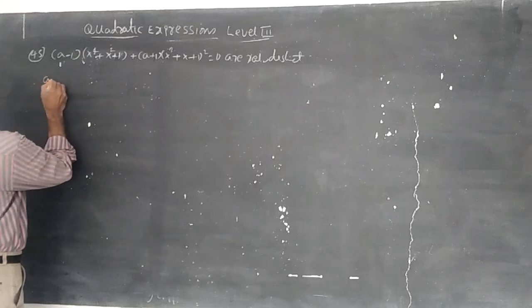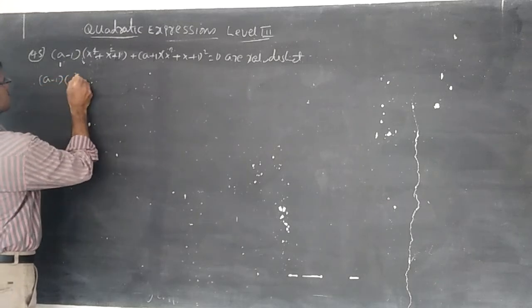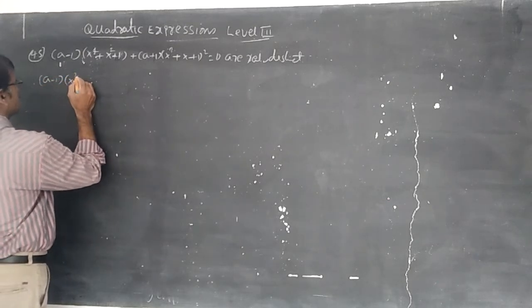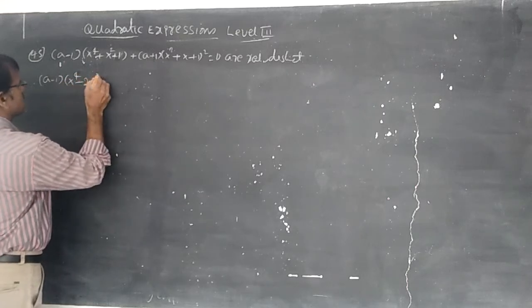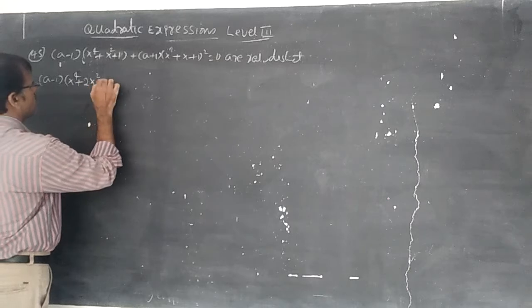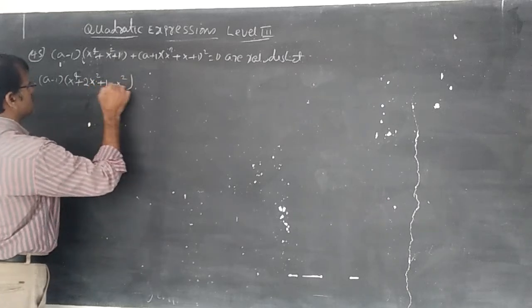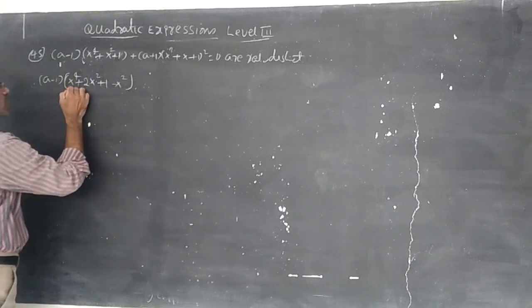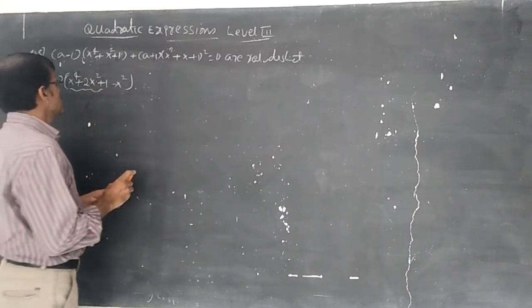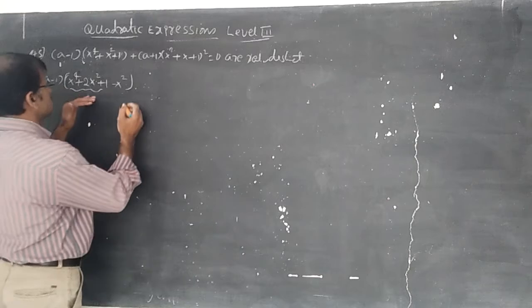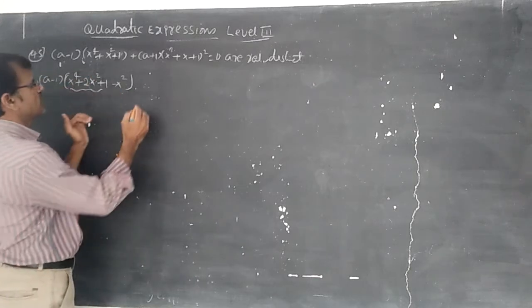Now, according to the partial fraction sum, we have done like this: x power 4 plus 2x square plus 1 minus x square. Remember the thing we had written in that chapter. Simply we have written like this.